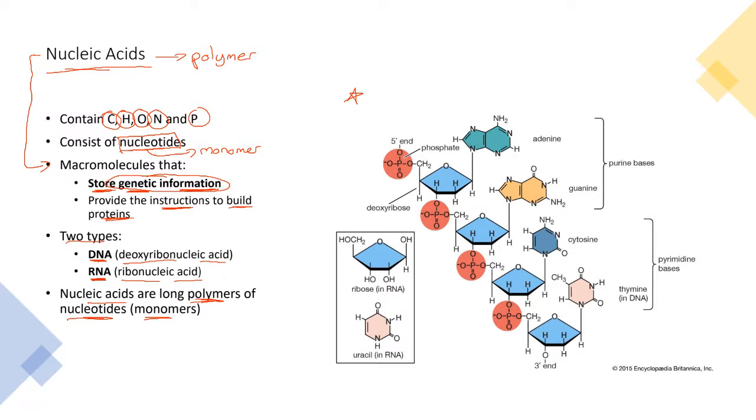This is a nucleotide. We'll go into more detail in another slide. Here is another nucleotide, etc., etc. And how do we bring nucleotides together? Again, it's going to involve dehydration reactions.